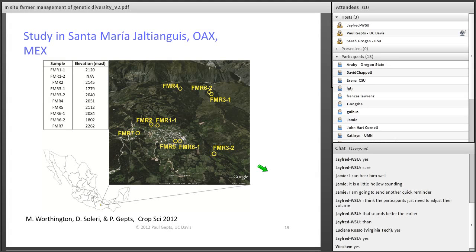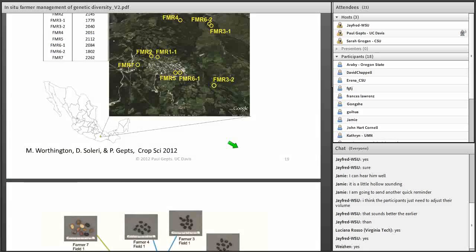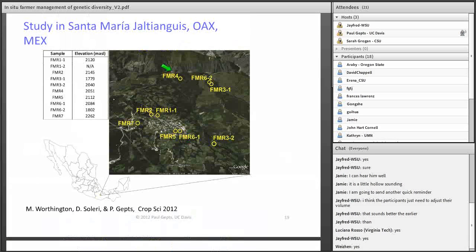You have to remember that gene flow occurs not only by pollen, but also by seed. And this higher value for land races, 1.40, is probably due to the introduction and exchange of materials by farmers between fields and with neighbors and so on.